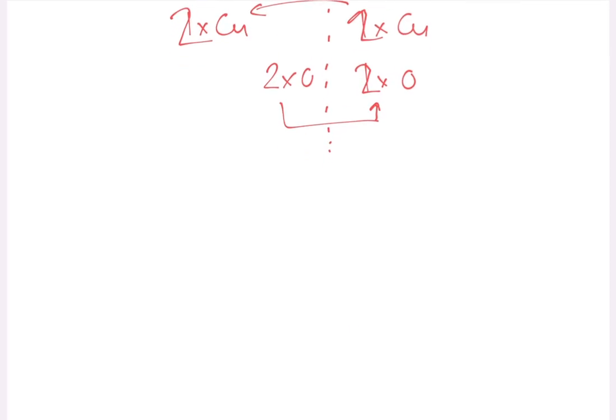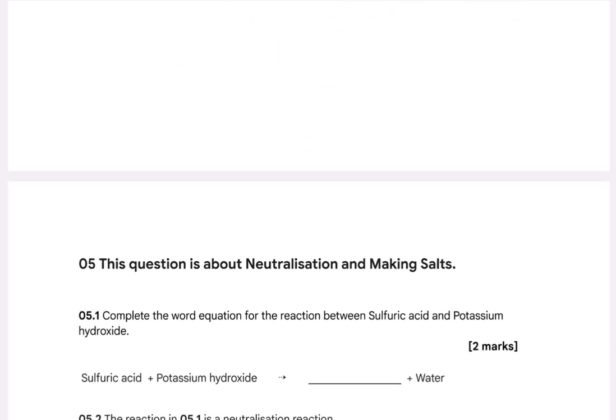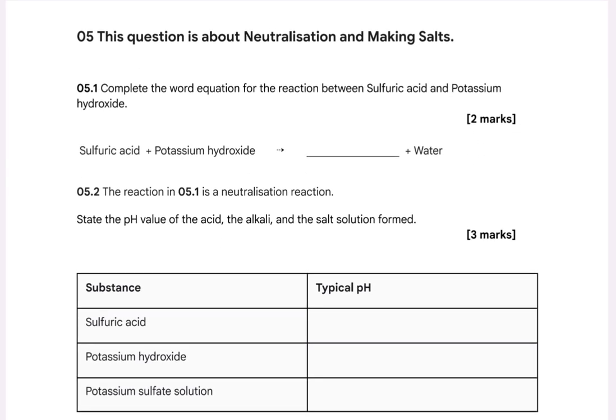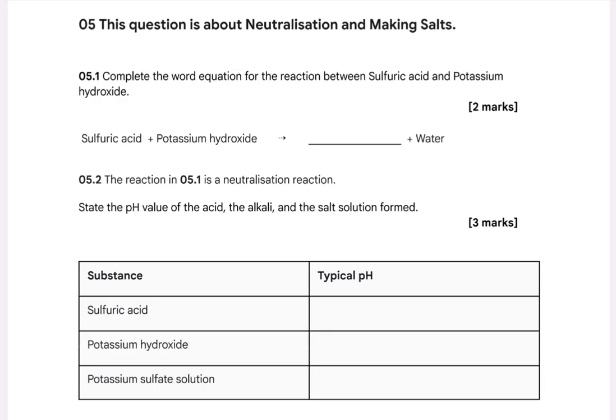So moving further down into question number 5. This one is more about neutralization and salts this time, so a different type of question, and it's telling us that this reaction is between sulfuric acid and potassium hydroxide. So we've got the acid, we've got the base. In this situation it's an alkali, and acid plus alkali reactions generate salt plus water.